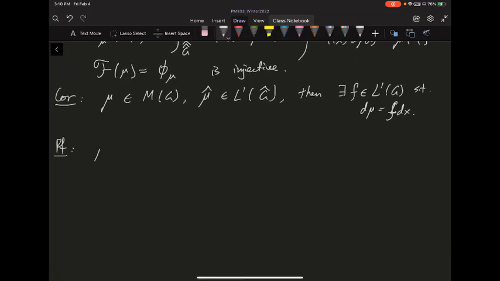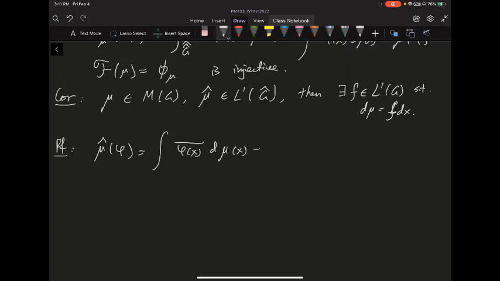Well, suppose this mu hat is in L1, so let's just write out the definition. By the definition of the Fourier transform, mu hat of phi equals the integral over G of phi of x bar d mu of x.